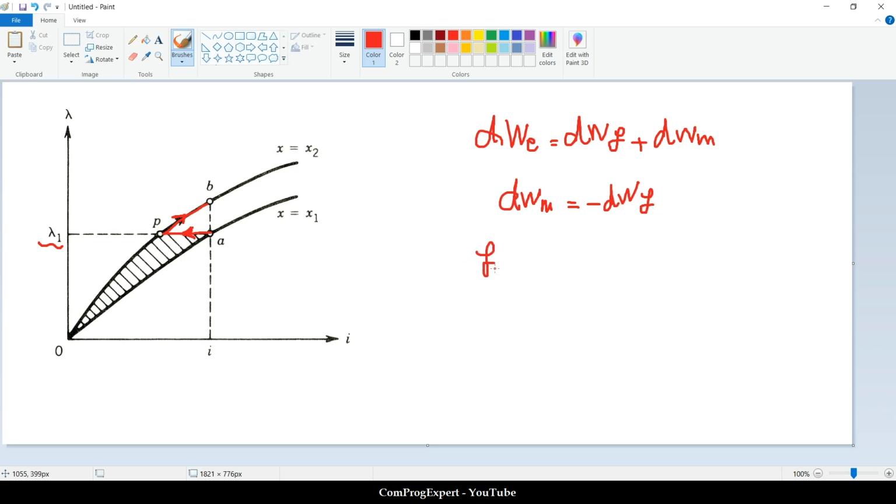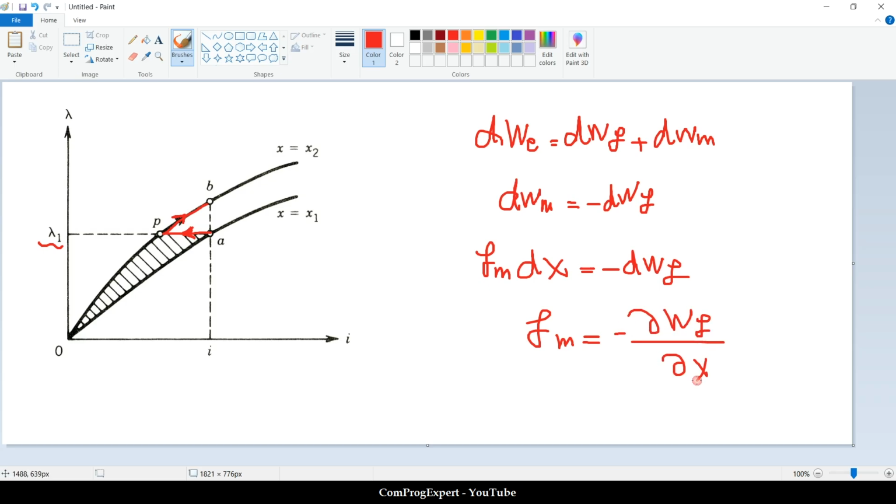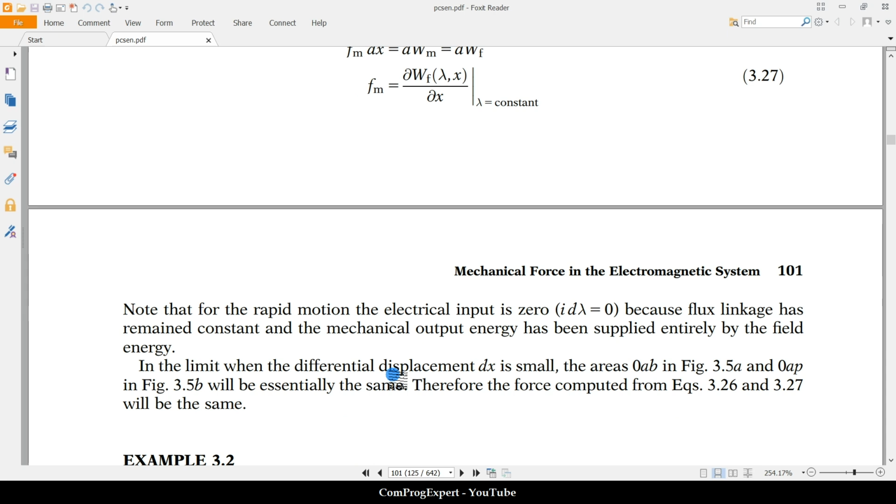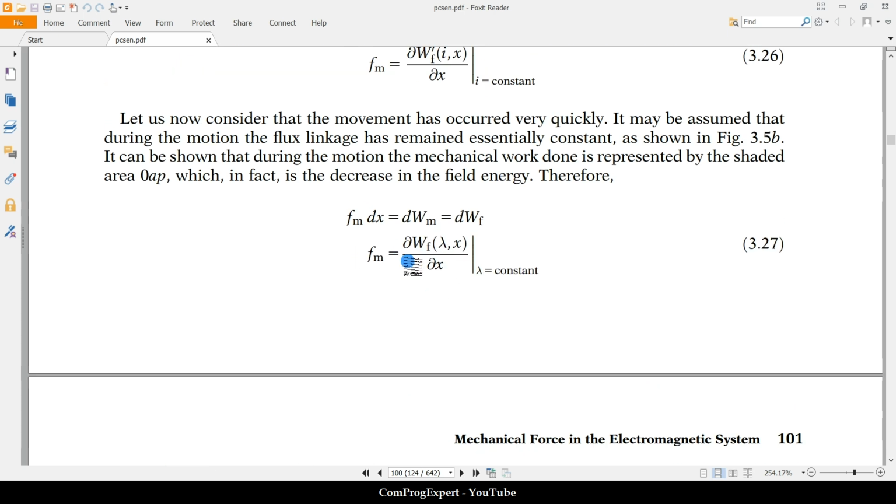Again, we have Fm dx equal to negative dWf, and Fm is the negative partial derivative of energy with respect to x, this equation. Again, we have a typo here. You should consider a negative sign in this equation. Let us now consider that the movement has occurred very quickly.